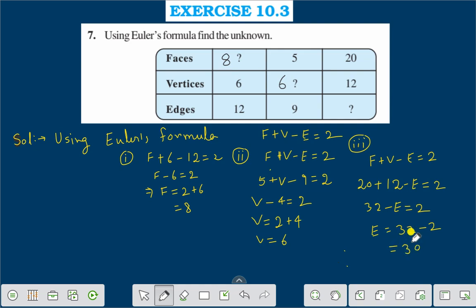Therefore, the number of edges for this case is 30, right? Therefore, here the number of edges will be 30.